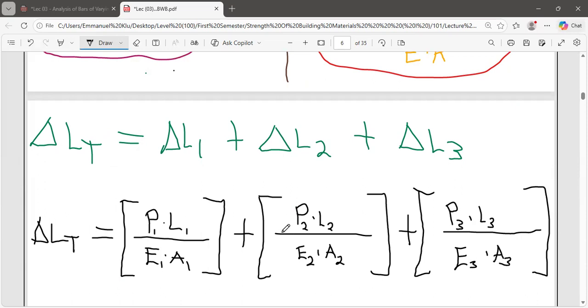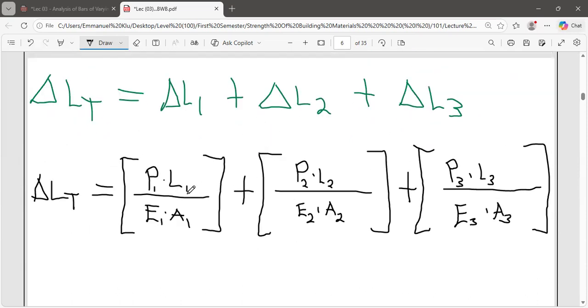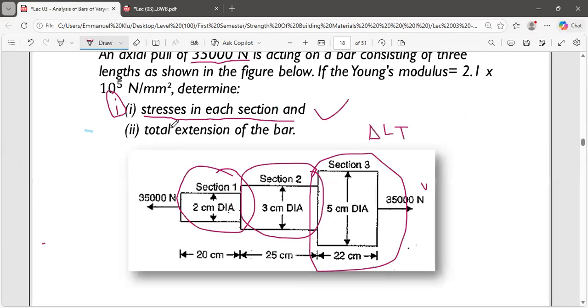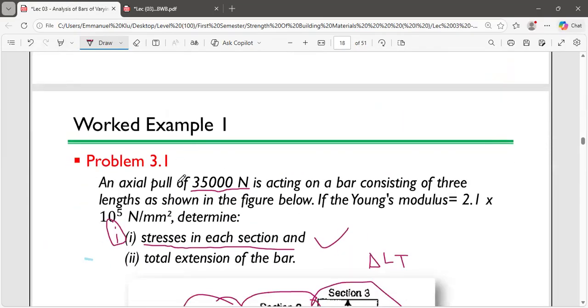Okay, so from here, since the materials are all being acted upon by the same load, P, and they all have the same E, look at the question: they all have the same load and the same elasticity. So at the end of the day, we can substitute the load and the elasticity out to solve the question.